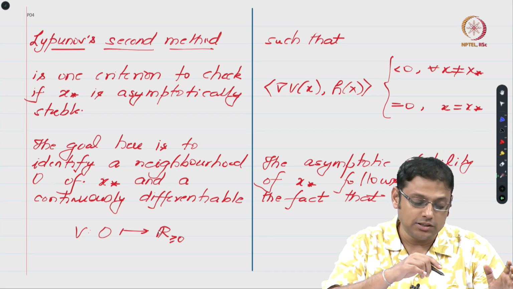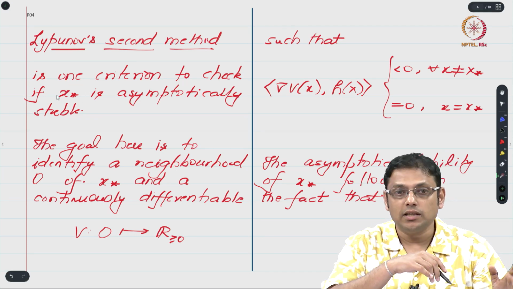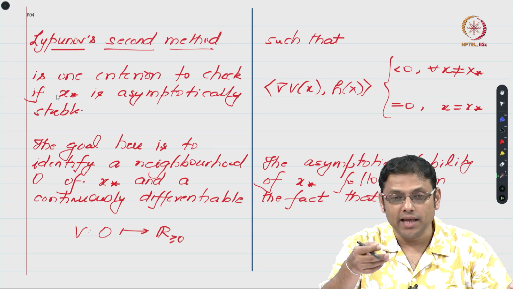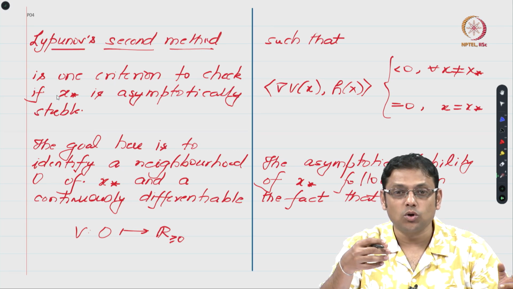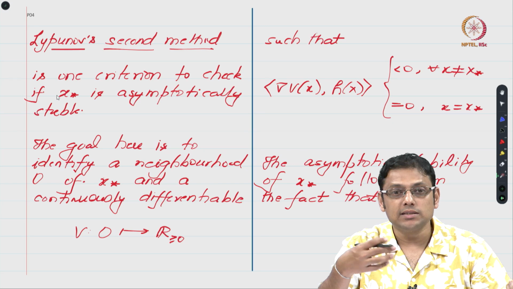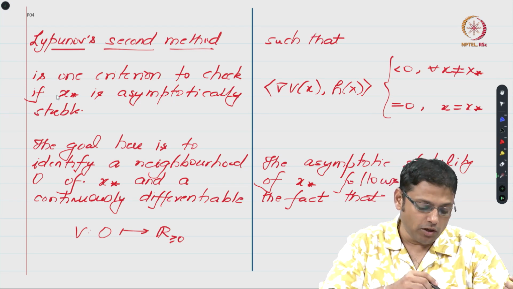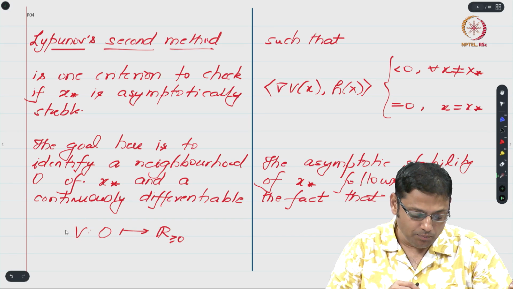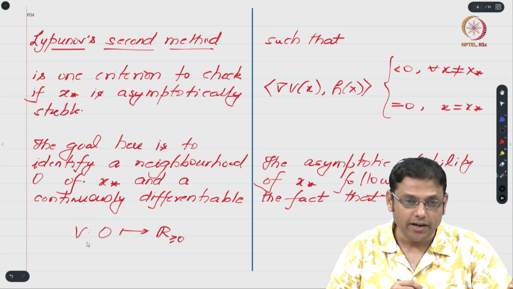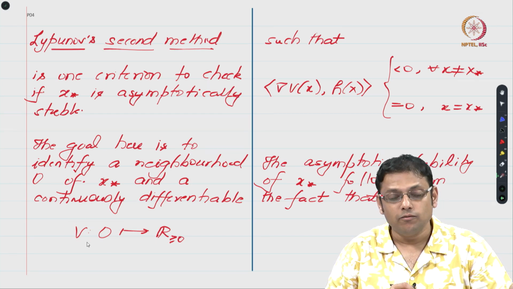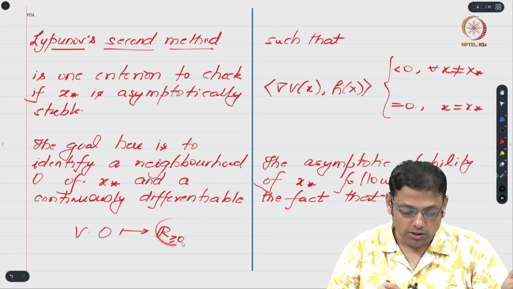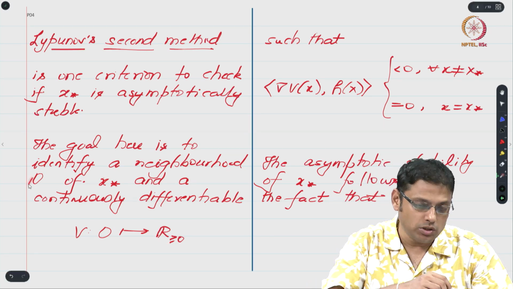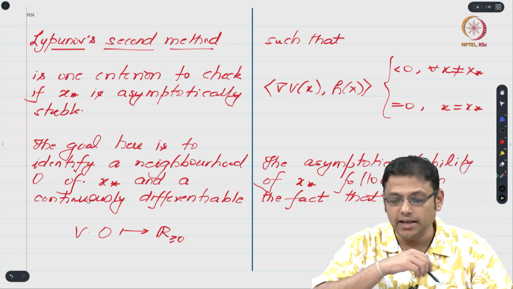We are right now focusing on showing whether x star is asymptotically stable or not, and towards showing that we are going to construct what is called a Lyapunov function. So what is a Lyapunov function? First you need to identify a neighborhood O and a function V which is defined on this neighborhood O, which maps elements of O to the set of non-negative real numbers. Keep in mind that O is a subset of Rd containing x star.